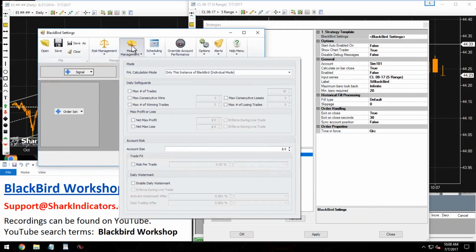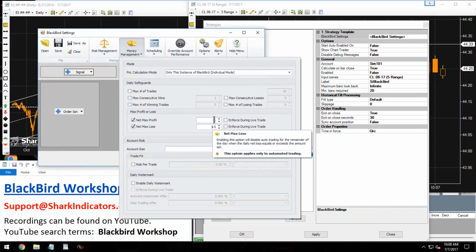There's money management controls, right? So this all deals with auto trading. So if you set BlackBird up as an auto trader, you can set up some money management rules. Some of the more common and simple ones to understand here is turn BlackBird off once you've made $500 for the day, or turn BlackBird off if you've lost $300 for the day. Money management rules.